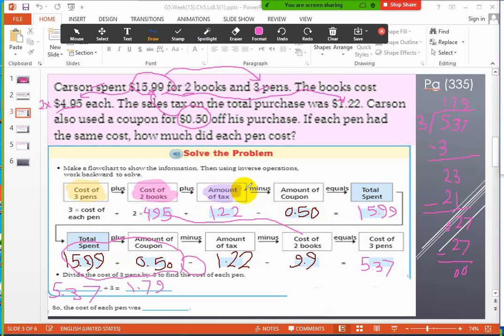So first thing you have to put the total spent, the total money, 15.99, and add the offer or the coupon. Okay, add the coupon to this money. Then you have to take from the whole money the tax that you spent and the cost for the two books, to find the cost for the three pens.